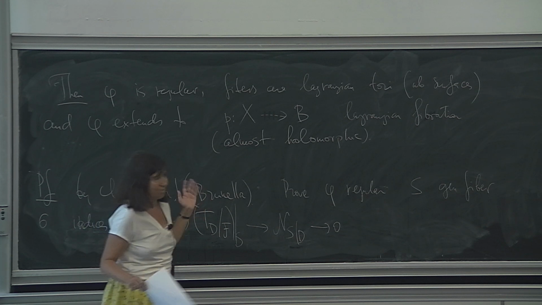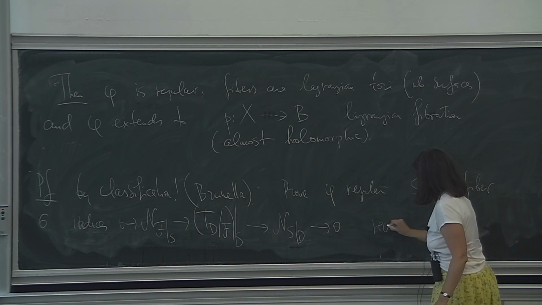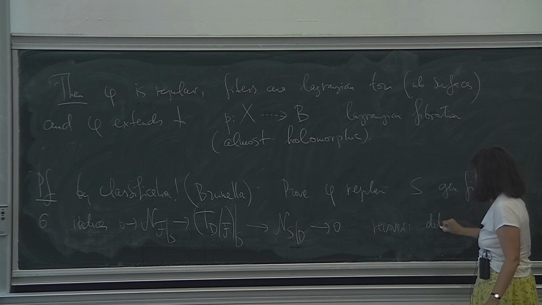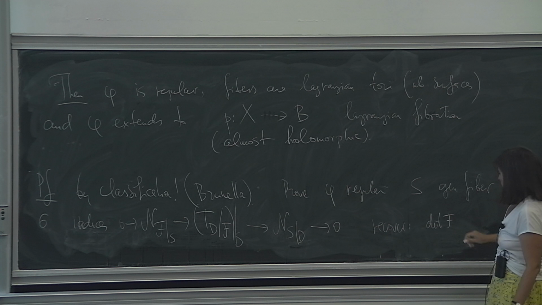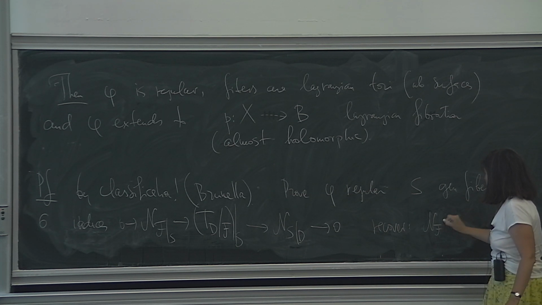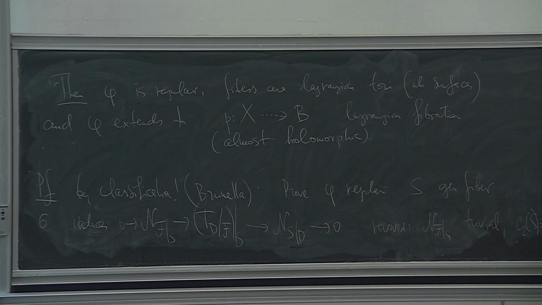And then, well, you recover that the determinant of N_F restricted to S is trivial. You recover that c2 of S is 0, and so on. So, for instance, you see that S is not of general type.